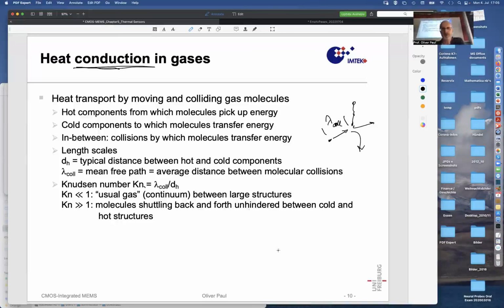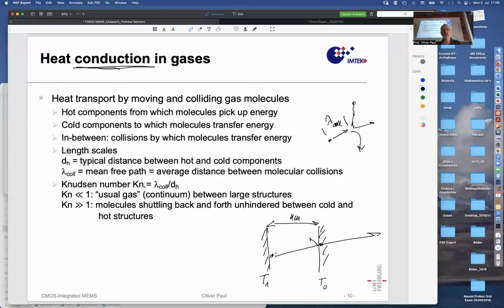Whereas if you imagine now a situation where you have a distance at nanometer scale, and the molecule could actually fly for a large distance, but is prevented from doing so by hitting the other component. So here it leaves at temperature 1 and it reaches the solid at temperature 2.